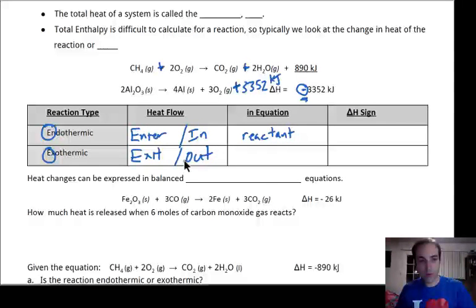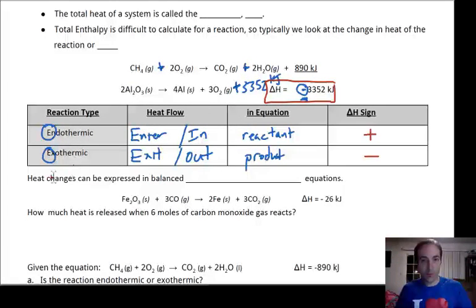And in exo, the heat flow is going out, so therefore in exothermic equations, heat is going to act as a product, because products come out of the reaction. Okay, and then as far as the delta H sign, endothermic reactions are going to have a positive delta H, and exothermic reactions are going to have a negative delta H, because you're losing it, it's exiting.